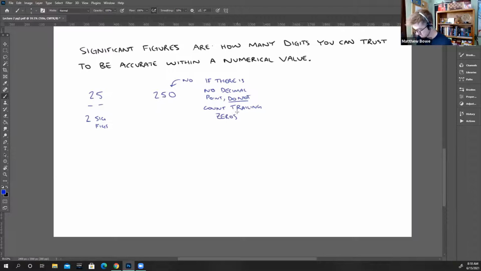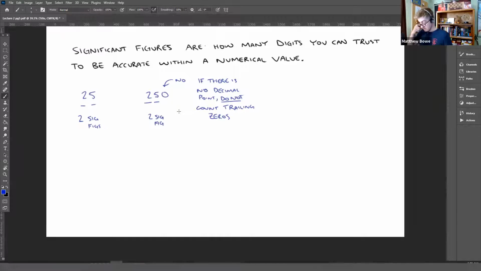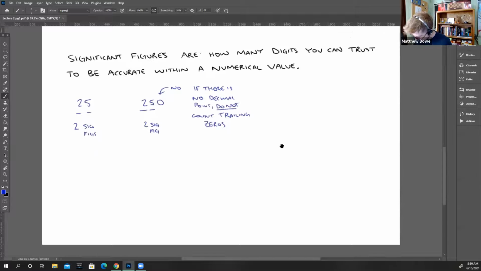So what that means is this value right here only has 2 significant figures. So that'd be 2.